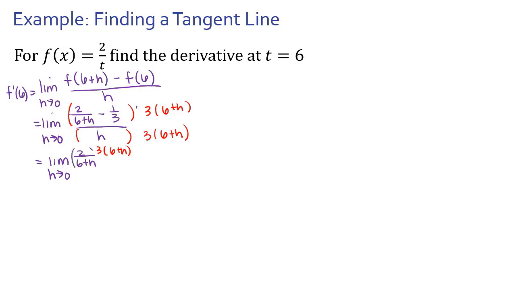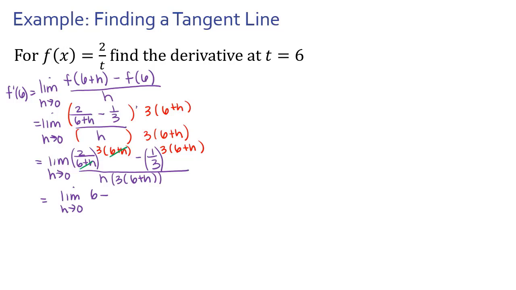I'm going to put this in parentheses, and then minus 1/3 times 3 times 6 plus h, and then that's all over h times 3 times 6 plus h. Okay, so when I go to simplify this now, these 6 plus h values cancel, and I'm left with 2 times 3, which is 6.